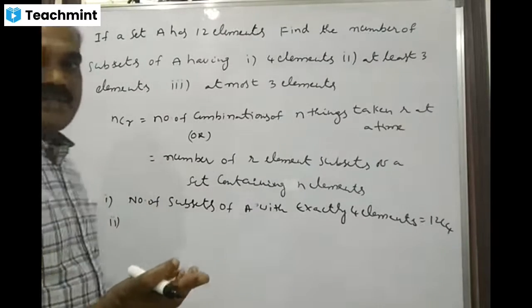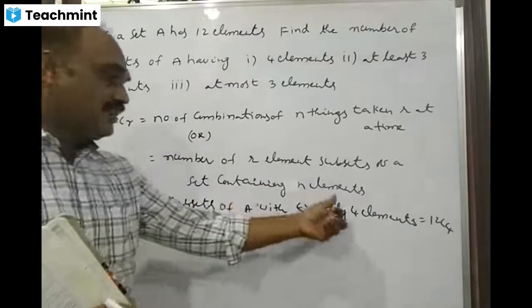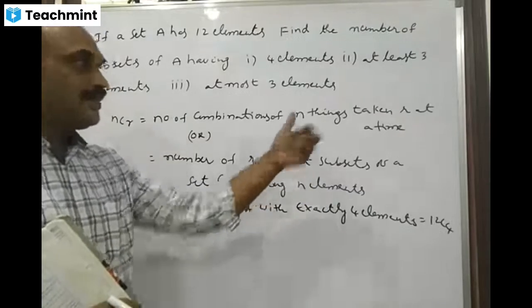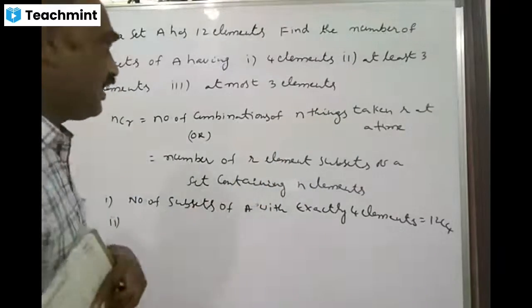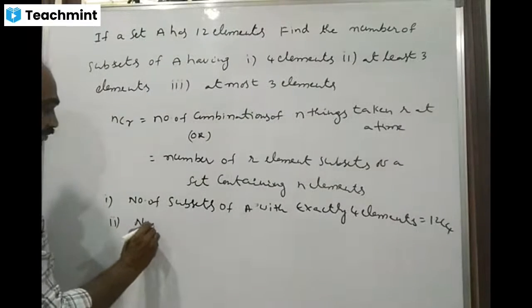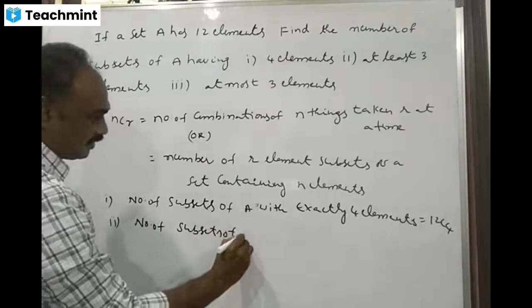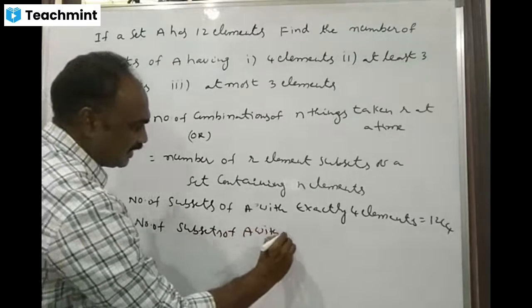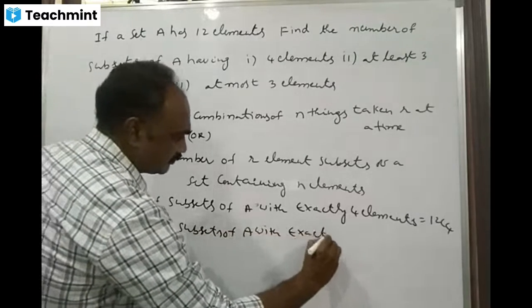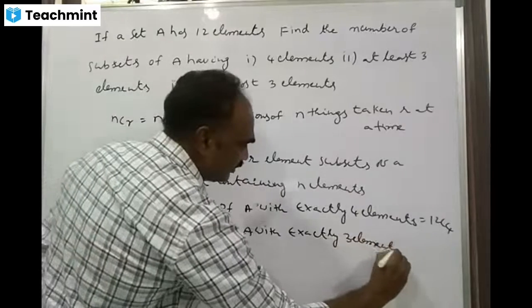For r element subsets we use the formula nCr. The number of subsets of A with exactly 3 elements is 12C3.